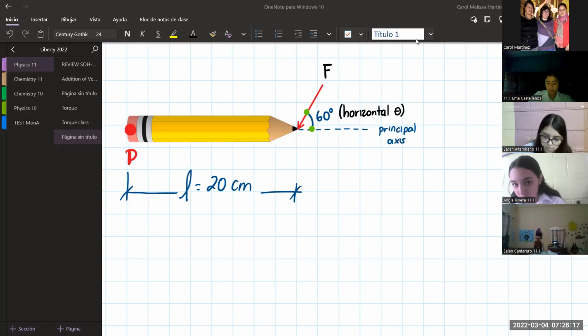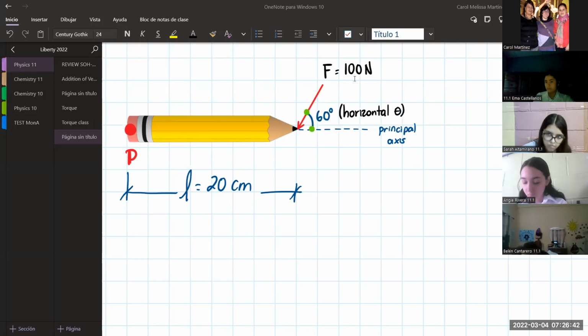What else did we used to do with the vectors? Solve for x and for y. We used to get the components. So if I do a projection of the two components of the force F, let's say that this force is 100 Newton.